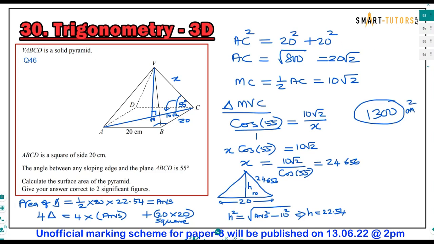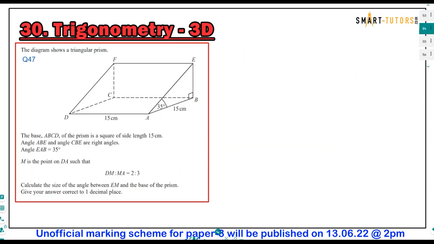And we have one more question to do on this trigonometric 3D. Have a look. The diagram shows a triangular prism. The base ABCD of the prism is a square of side length 15 centimeter. Angle ABE and angle CBE are right angles.